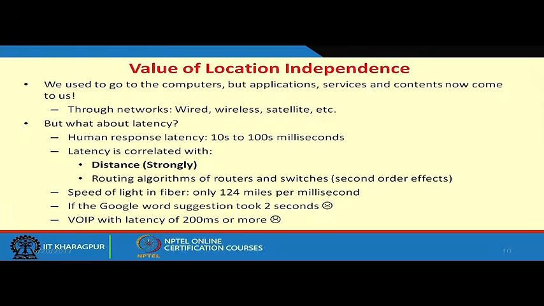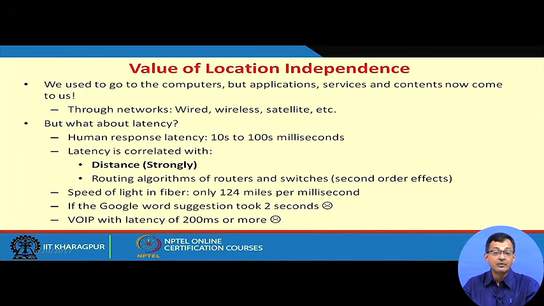So, I have a large pool of huge resources on my very thin system. It can be a simple desktop or laptop, all provisioned here through networks, wired, wireless, satellite etc. But what about latency?